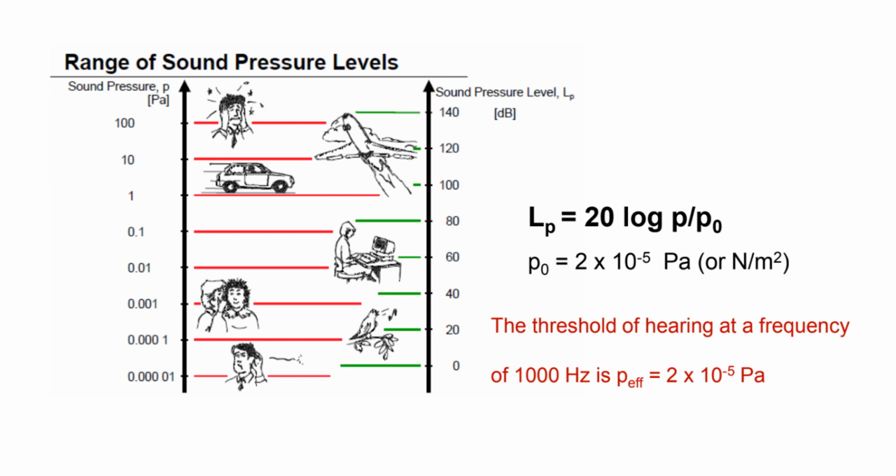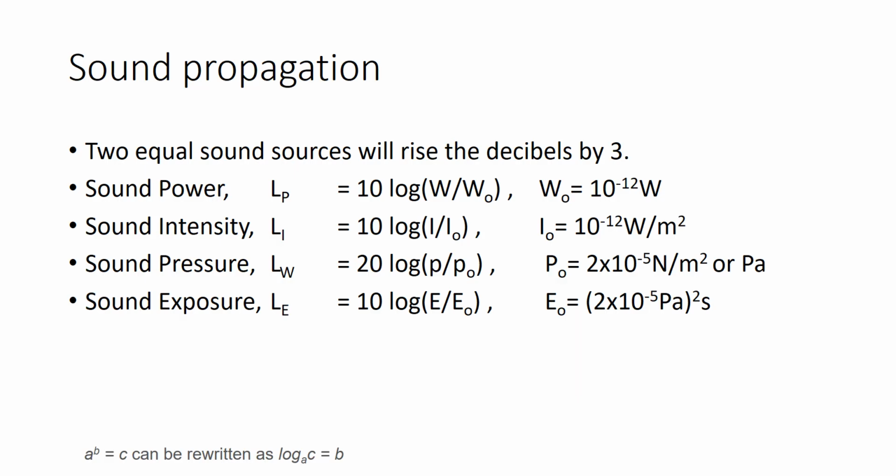Similarly, the sound source will produce sound in a particular frequency band, and accordingly the sound pressure level varies. So two things we have to think about when we talk about sound: the frequency and the pressure level.